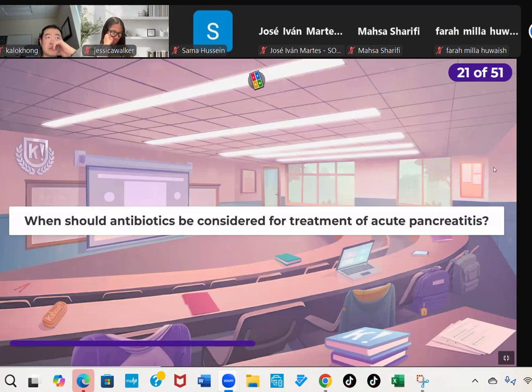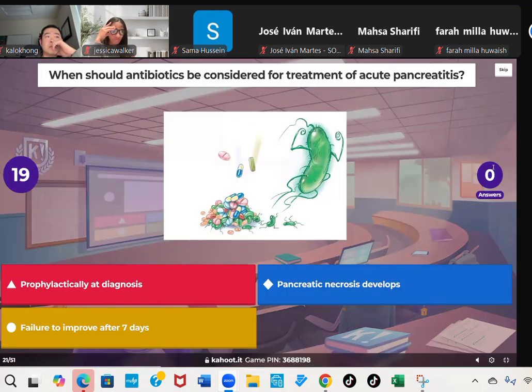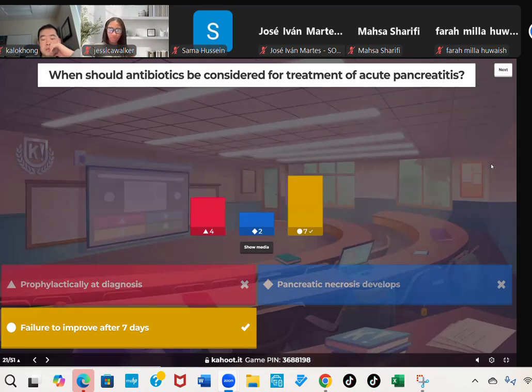When should antibiotics be considered for treatment of acute pancreatitis? Prophylactically at diagnosis, failure to improve after 7 days, or pancreatic necrosis develops. Right? We do not do antibiotics at diagnosis.